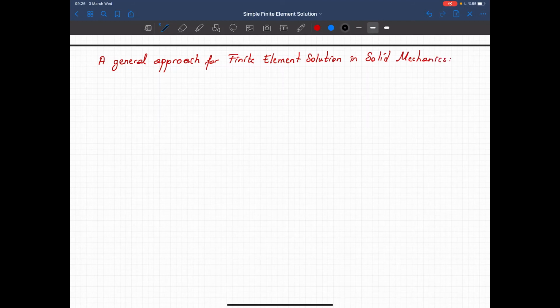Right, we start with an ideal physical system which we want to analyze.